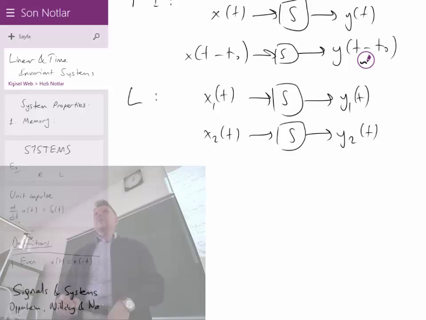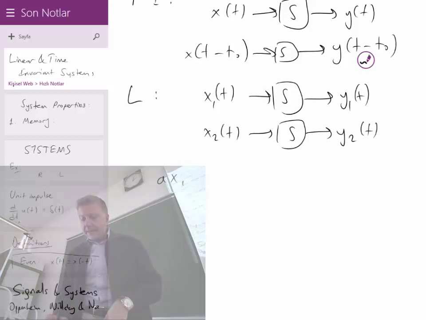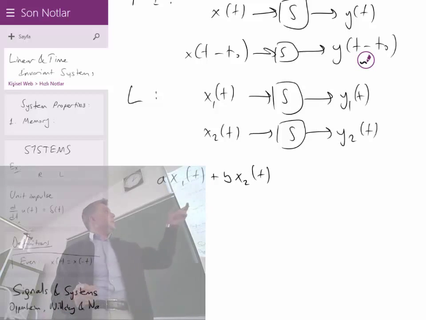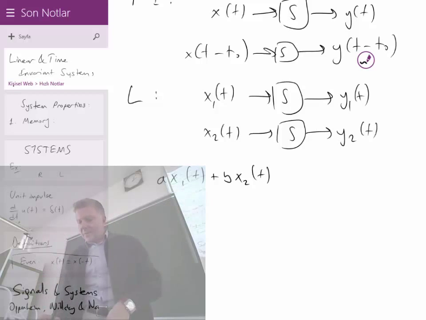Then somehow, if your function generator is able to linearly combine the inputs, A times x1 plus B times x2, where A and B are just complex in general, or real numbers, variables, just scalars in other words, coming into the system.